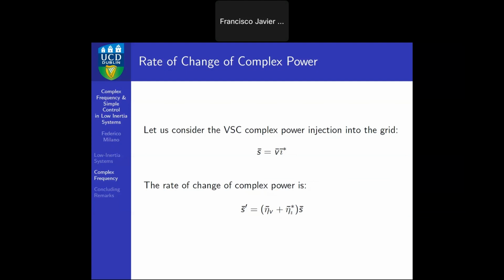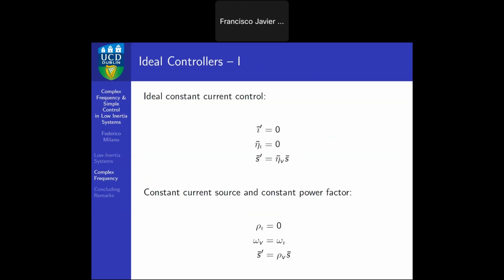Here you see that sometimes they cannot be the same. It's very obvious now, because, for example, if you have a constant power injection, then these two have to sum to 0, and so they cannot be the same. Otherwise, they would be twice eta, right?